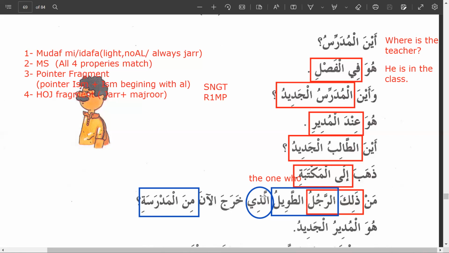Remember when we were doing kind of proper ism, we did this thing. All connector isms are always proper. Three types of words are always proper. All pronouns, right? All pronouns. Okay, let me write it over here.